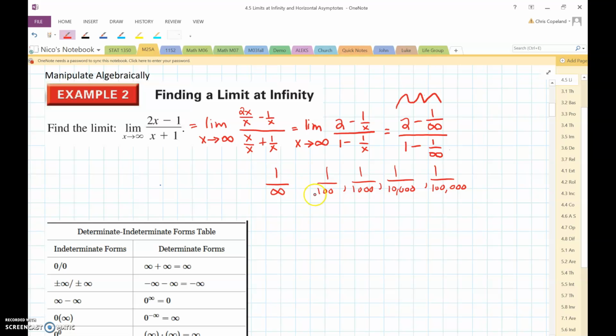These numbers are getting smaller and smaller and closer to 0. So we can just put zeros here. This is actually the correct way to write this, and it simplifies to 2.